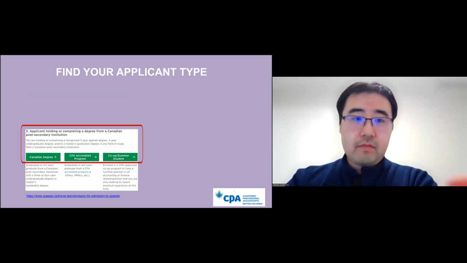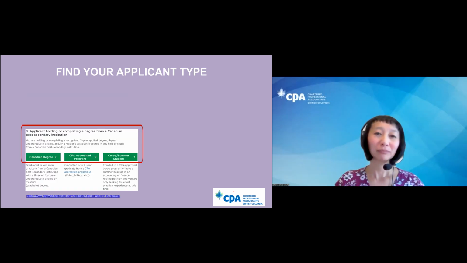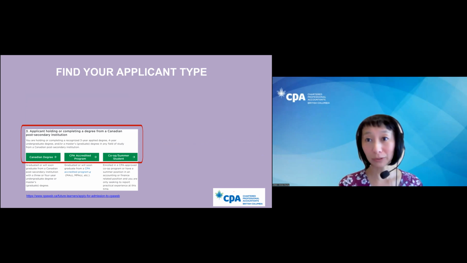Now, applicant type 3, moving right along, refers to a person who is holding a degree from a Canadian post-secondary institution. So this is Canadian degree holders, any major, any concentration. These are individuals that are enrolled in a Canadian post-secondary institution's CPA accredited program.